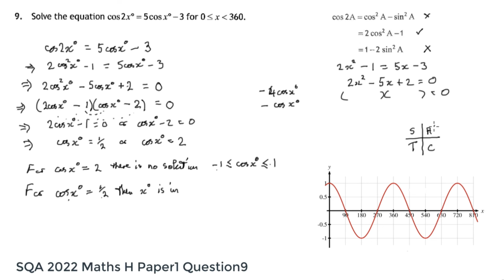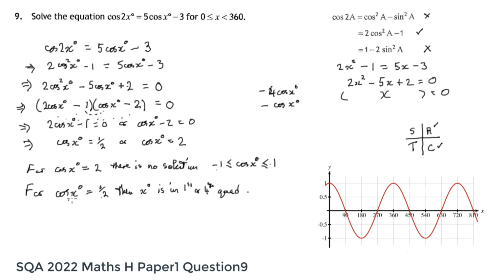That happens in the first quadrant, angles between 0 and 90, where the sine, the cosine, the tangent, they're all positive, or the fourth quadrant where only the cosine is positive. So the angle x is in first or fourth quadrant.